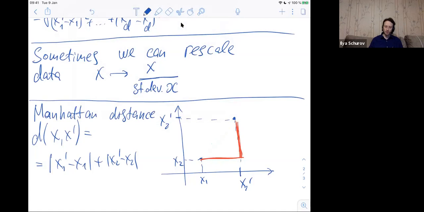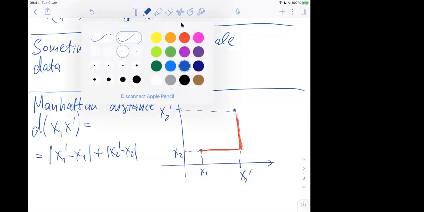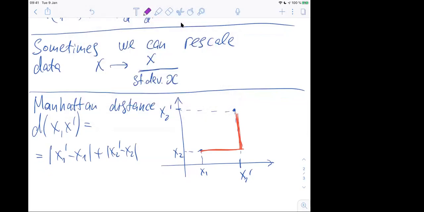Can you guess why it is called Manhattan distance? Well, actually, I know it's called so because of the streets on Manhattan Island. Yes. So if you have to get to a point, you have to go not straight there, but turn right, left, something like this.